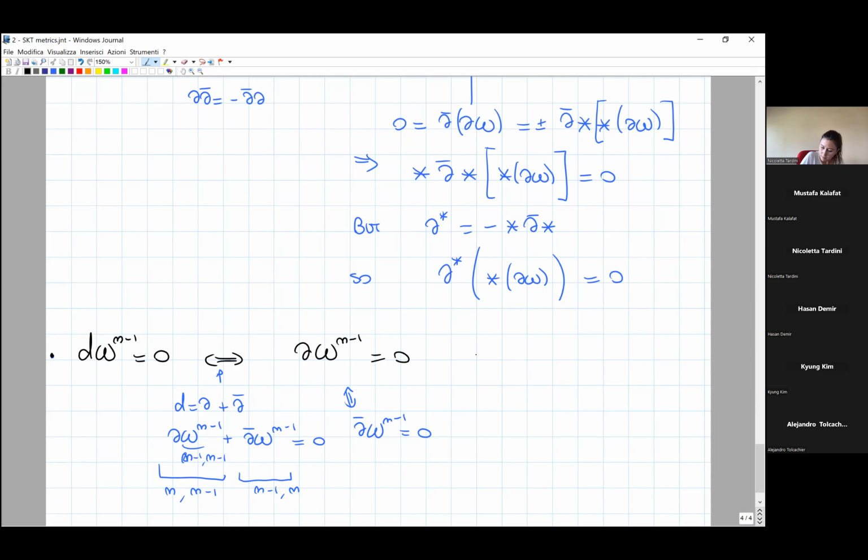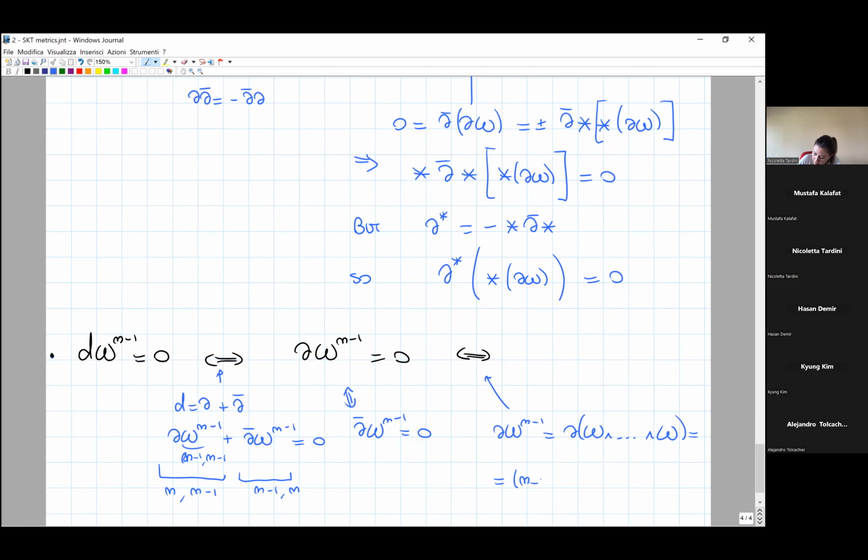So what does it mean that ∂ of omega^(n-1) is equal to 0? You see, the ∂ of omega^(n-1) is like the ∂ of omega wedge omega, n-1 times. But then you apply the Leibniz rule.